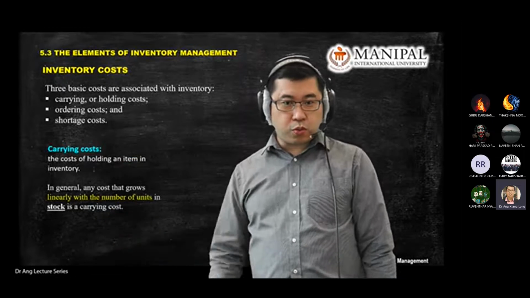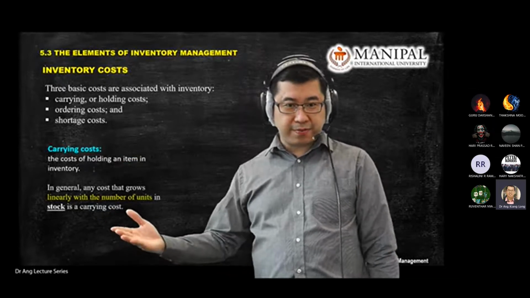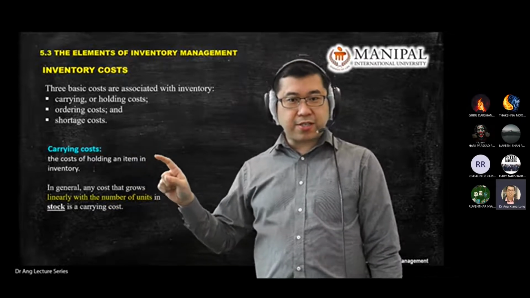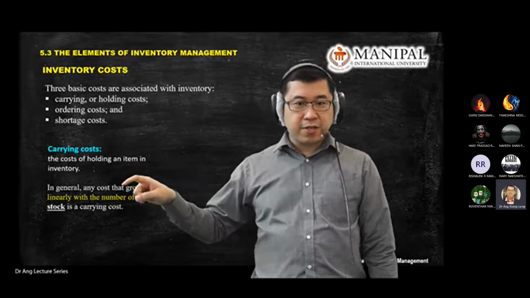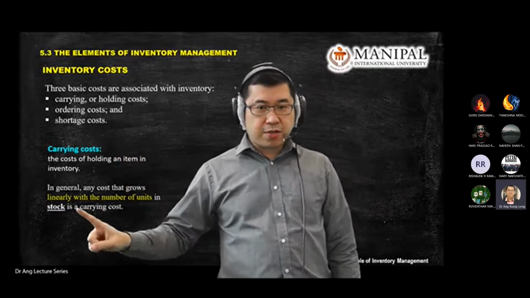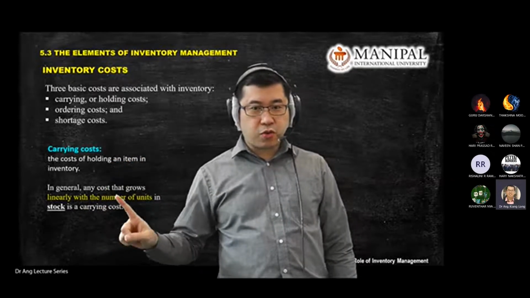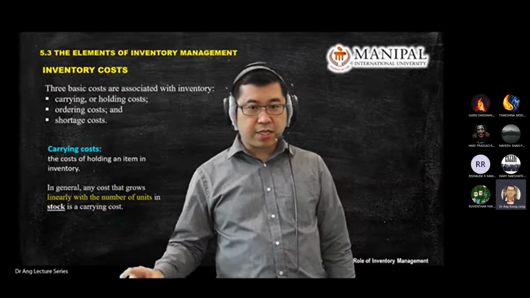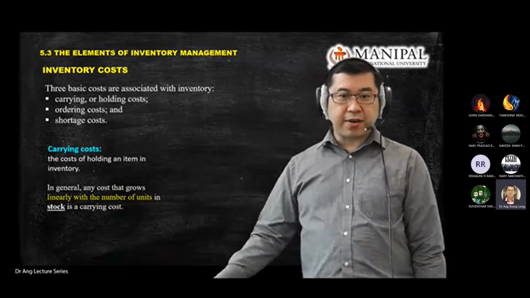So how do you calculate, or what is the characteristic of carrying costs? If the cost grows linearly with the number of units in the stocks, it falls under carrying costs.